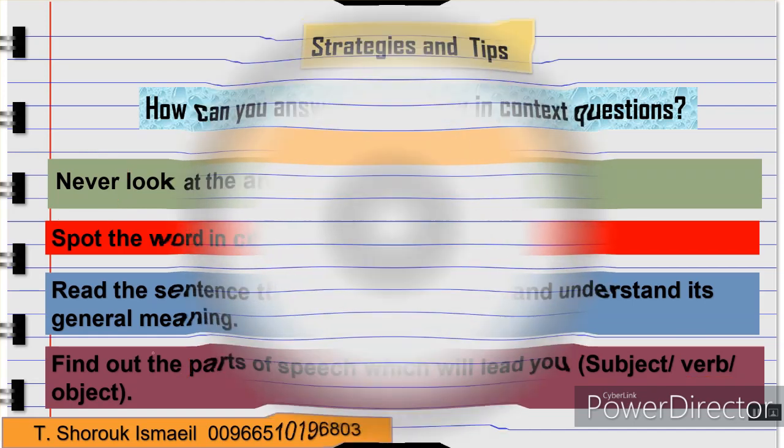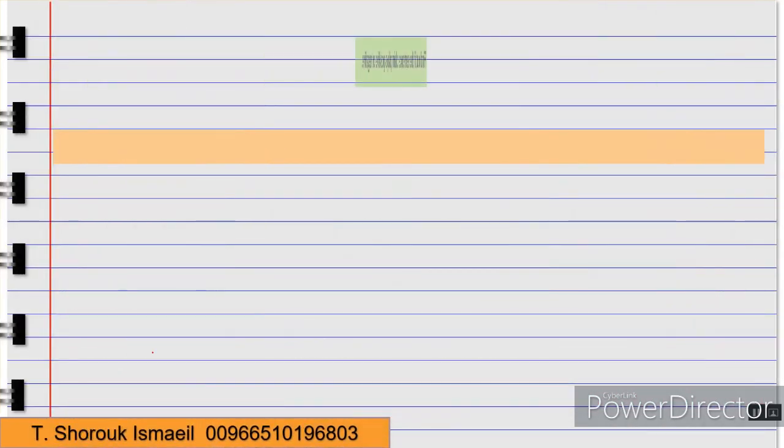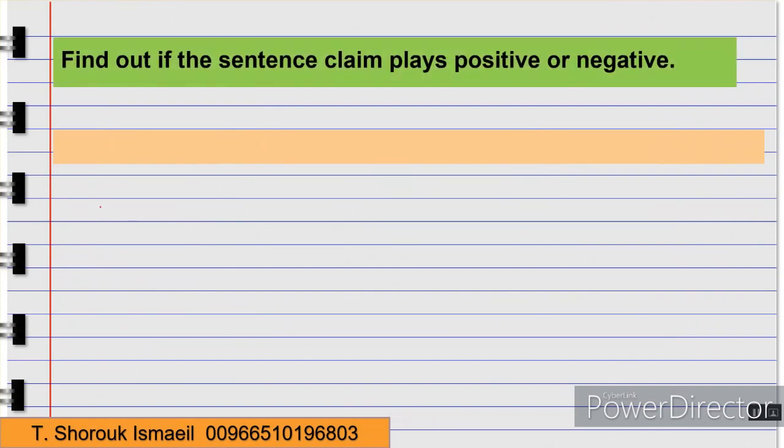Very nice. Now let's continue. We need to find out if this sentence's claim is positive or negative. What do we mean? Does our context in this passage that includes this word imply positive, or does it have a negative tone?